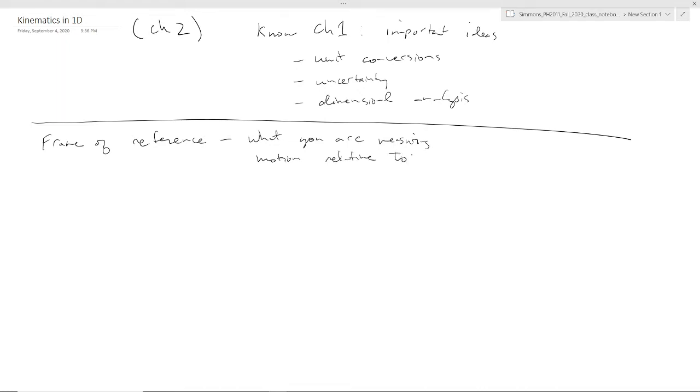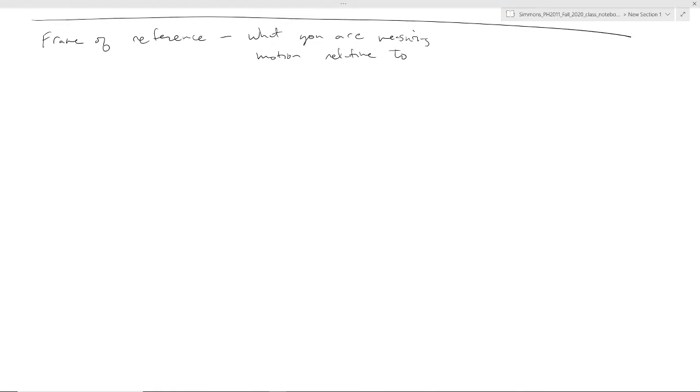A good cartoon situation to consider is that of a moving walkway. It's sort of the minimal example.